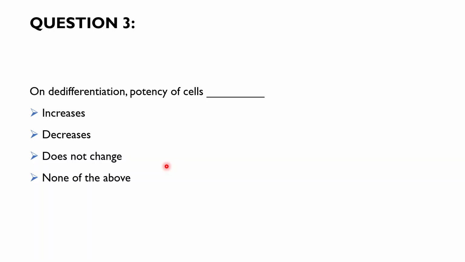On dedifferentiation, the potency of cells, and then we have a blank. We have four options here: increases, decreases, does not change, or none of the above. Again, you can answer in the chat box. That is, on dedifferentiation, the potency of cells shall increase or decrease, or it does not change, or none of the above.